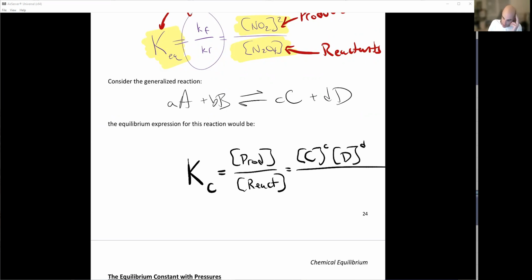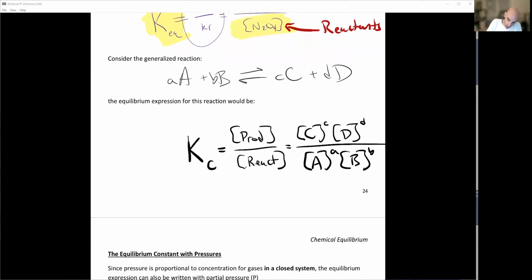So again, that's the coefficient in front. Concentration of A, concentration of B. Products over reactants, okay?